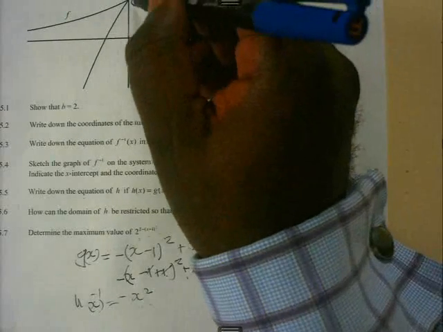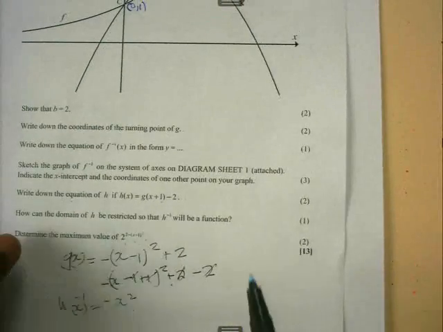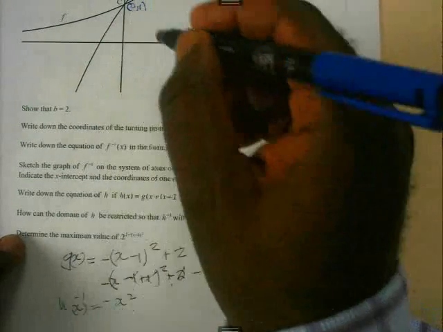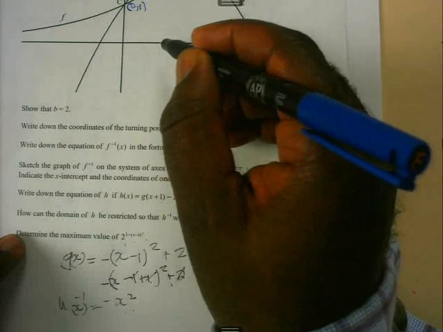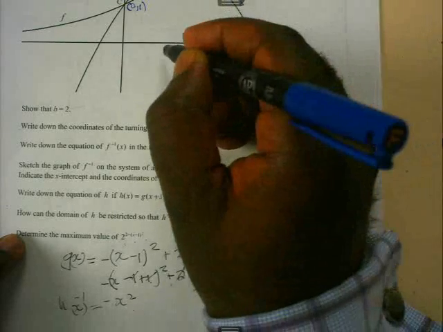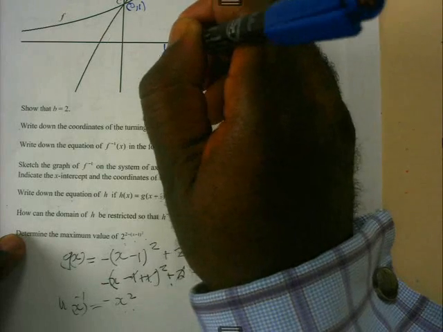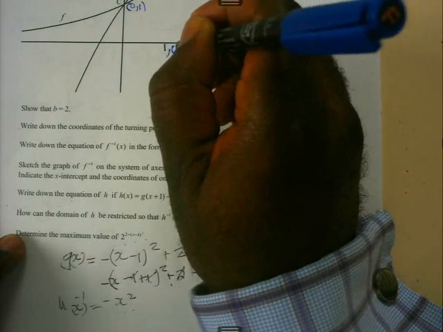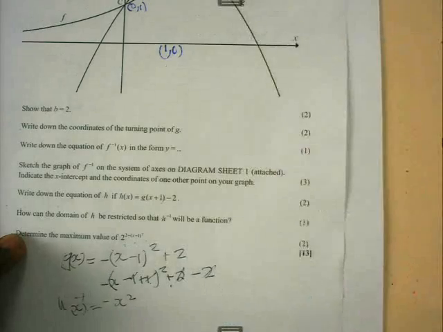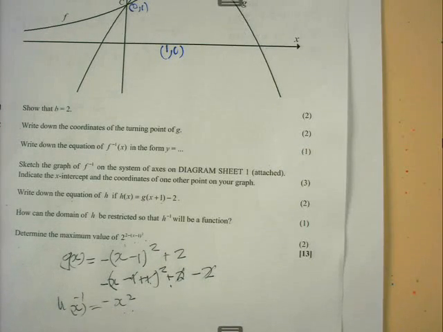It intercepted at the point 0 and 1. Now it means the inverse must intercept the x-axis this time at 1 and 0. That should be the golden rule that will help you draw that graph.